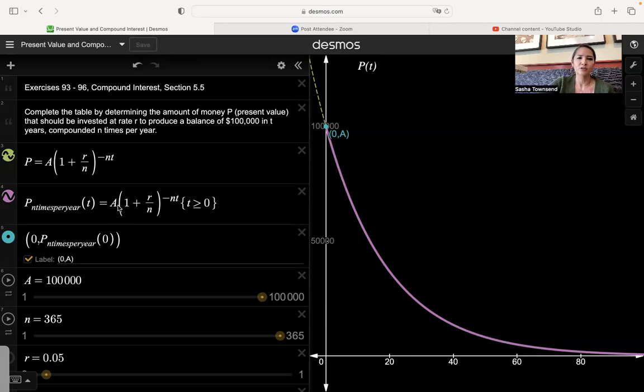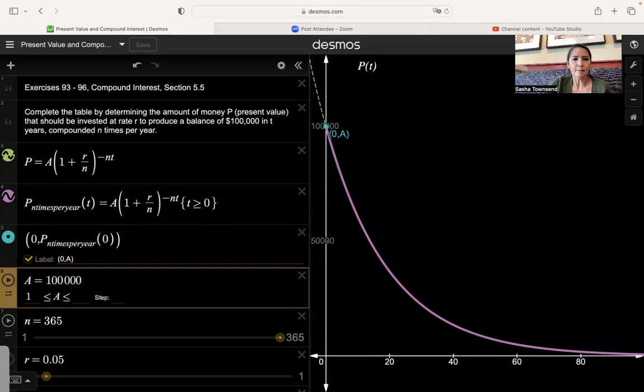So this curve is describing the amount that you should invest right now if you're willing to leave the money in the account for T years, and if you want to have $100,000 T years into the future.